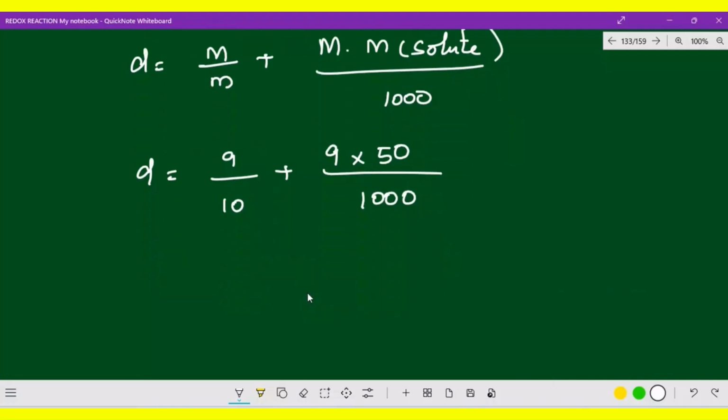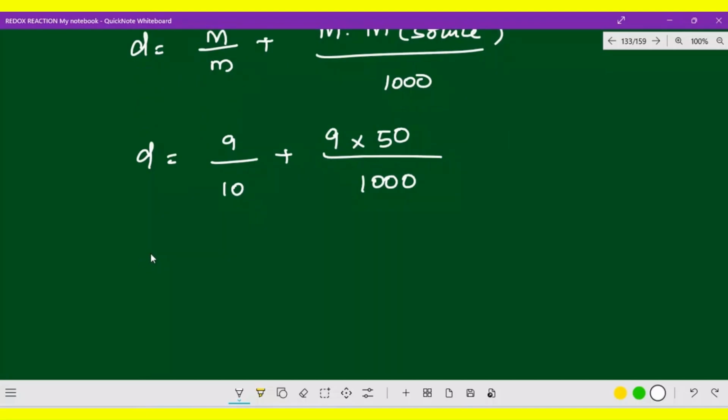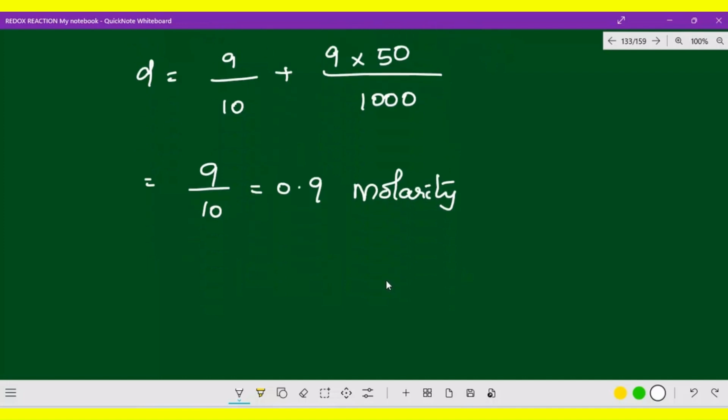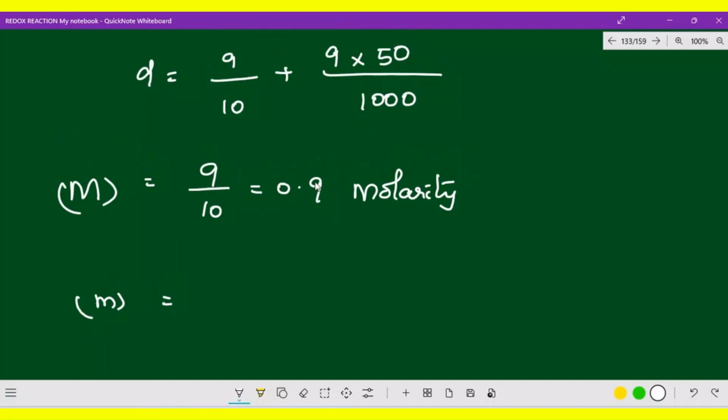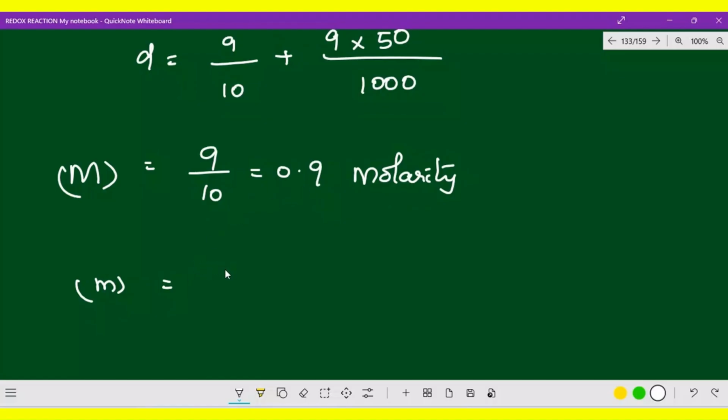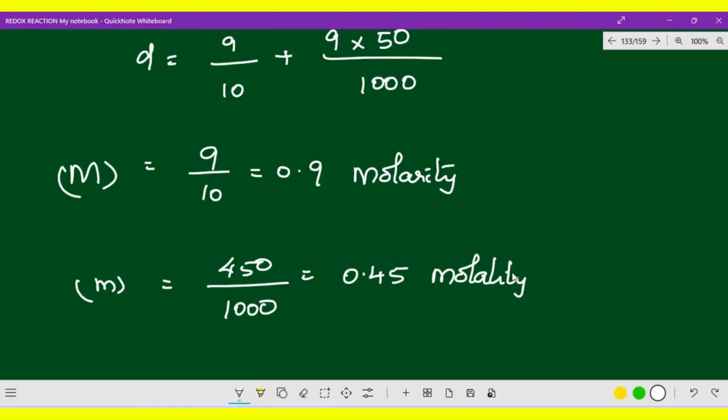Now, can you calculate this? When you calculate it, 9 by 10 equals 0.9. For the second term, 9 into 50 is 450, so 450 by 1000 gives 0.45.